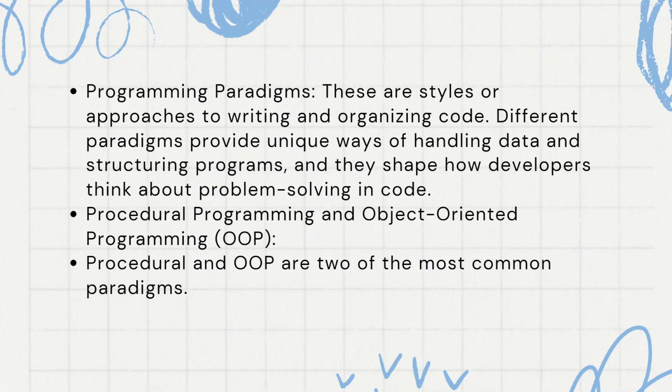Different paradigms provide unique ways of handling data and structuring programs, and they shape how developers think about problem solving in code. Procedural programming and object-oriented programming are two of the most common paradigms.